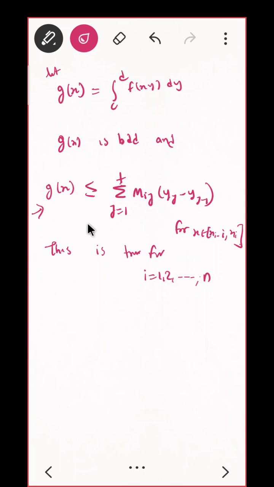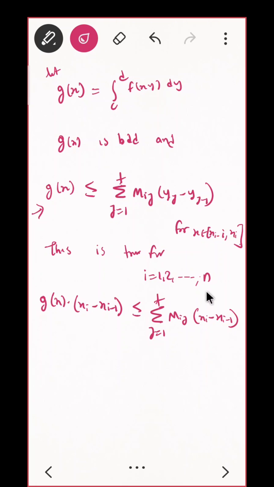Just multiply with g of x, multiply with xi minus 1, and that is less than or equal to the summation j equal to 1 to t, here also Mij, times xi minus xi minus 1. Okay, I am multiplying with this, and since this relation is true for all i belonging to 1 to n, I am going to add it.